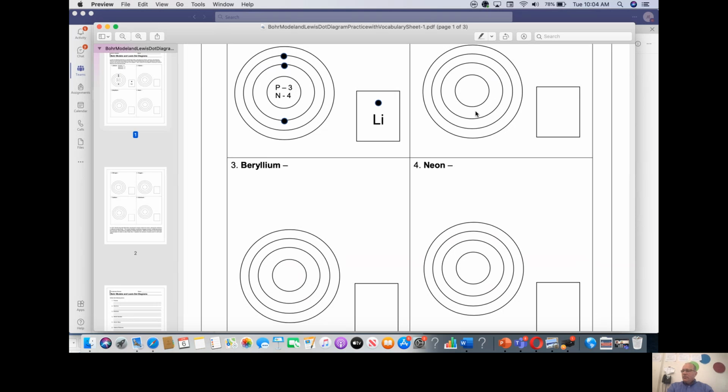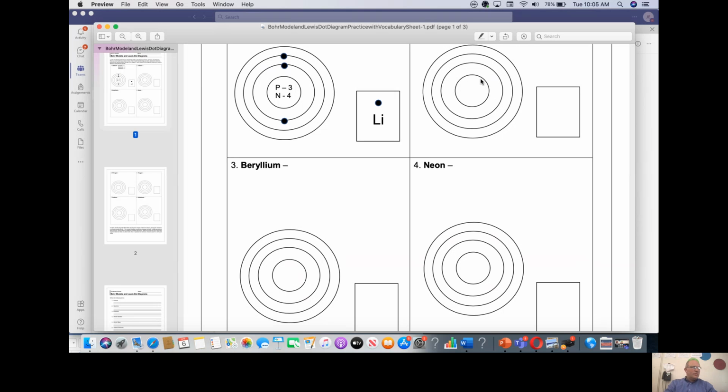The atom that makes up 99% of life, that was number 5 from your review here. How many electrons go in the first energy level? You have 2 electrons, always 2 in the first.